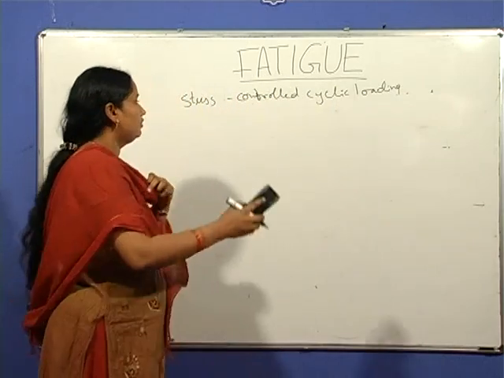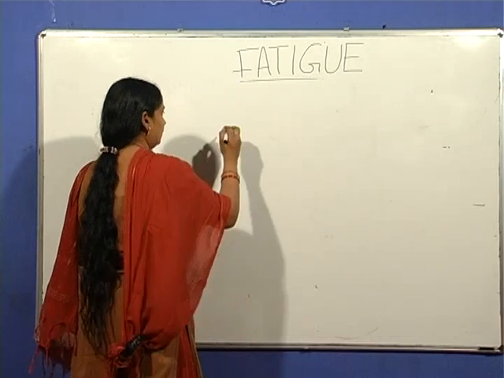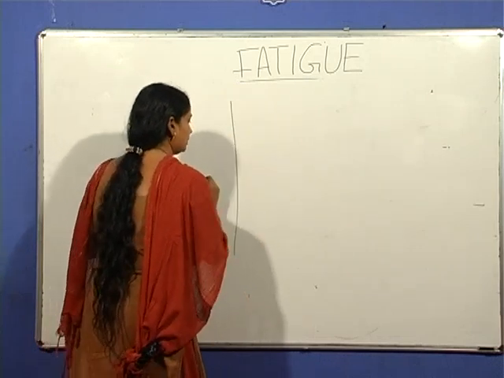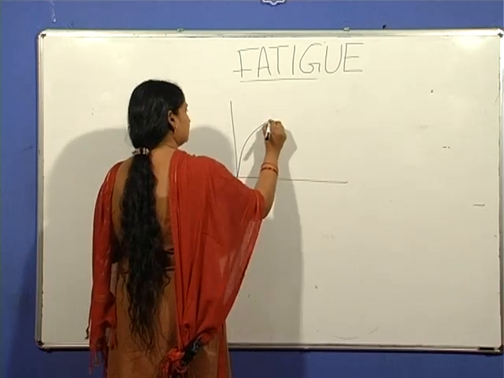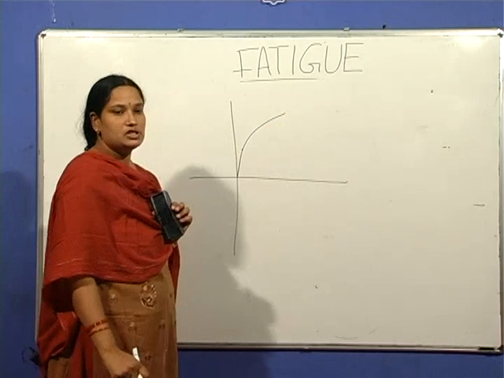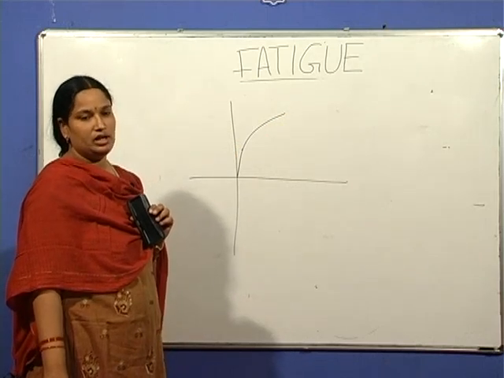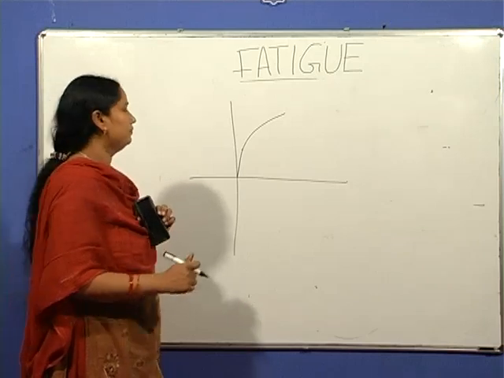So for the case of strain controlled cyclic loading, this is a comparison which shows strain controlled cyclic loading with a monotonic stress strain curve.